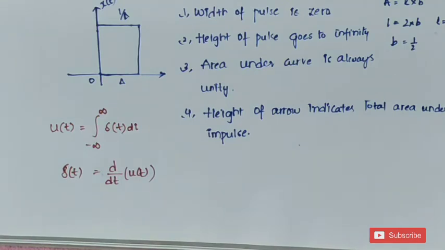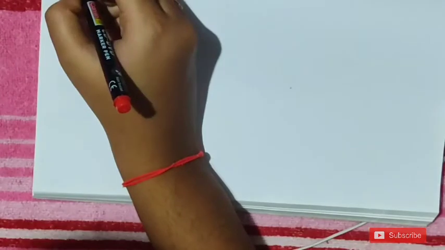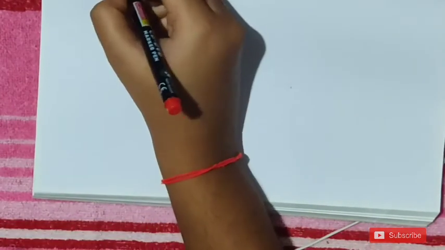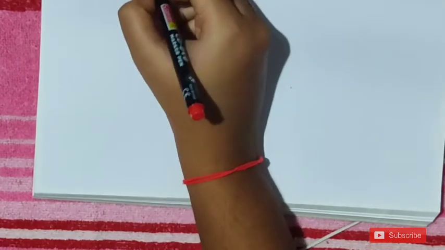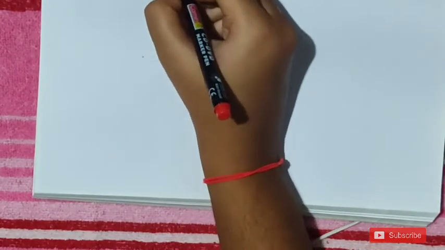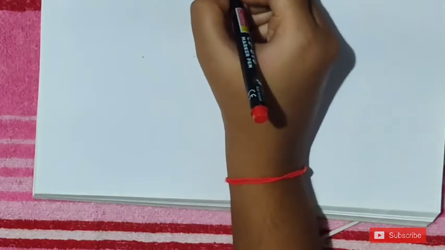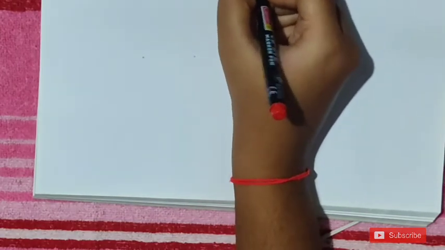Now let us discuss the discrete time unit impulse function, which is also called the unit sample sequence function. In the discrete time unit impulse function, in place of t we write n.